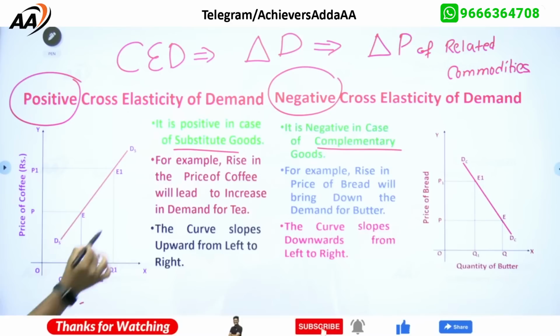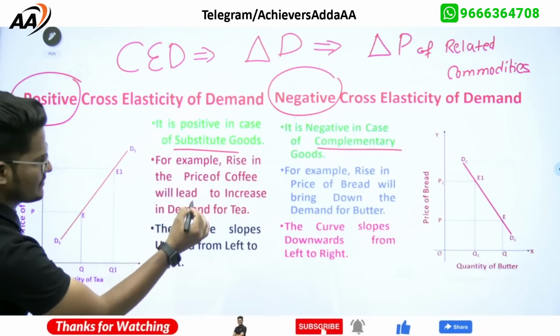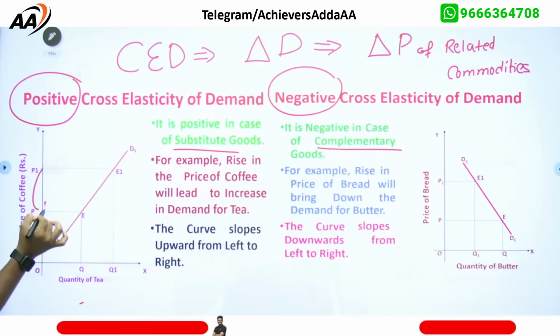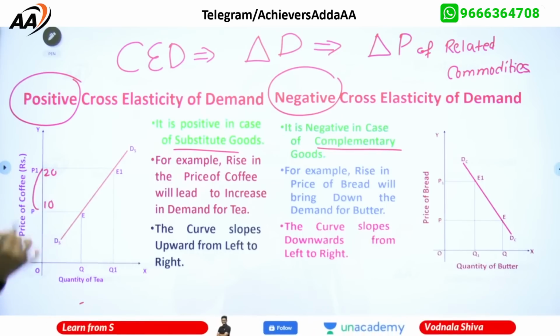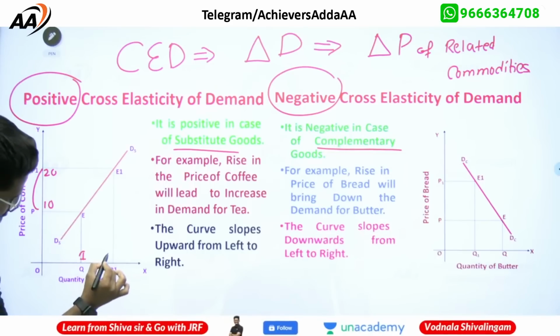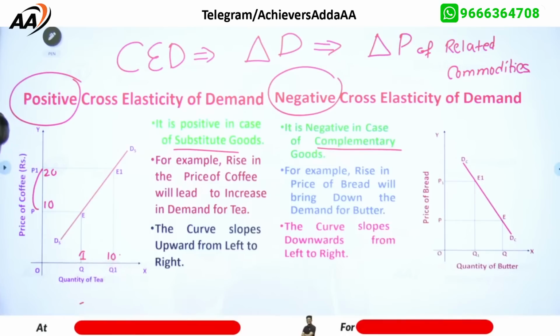In case of substitute, suppose there is a rise in the price of coffee, from 10 rupees to 20 rupees, it will lead to an increase in demand for tea, from 1 to 10 cups, like that.